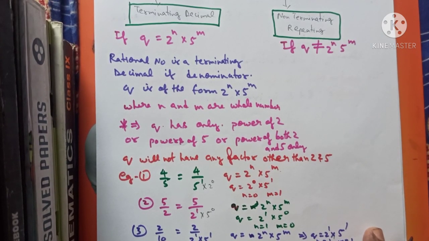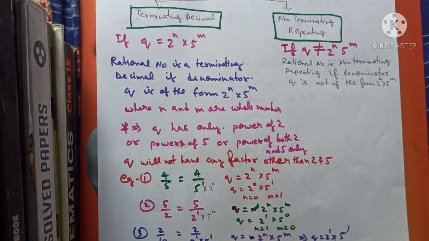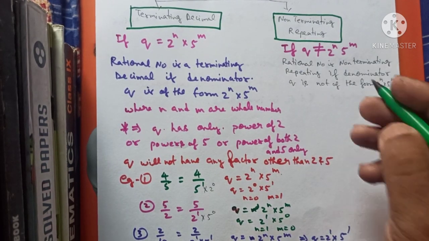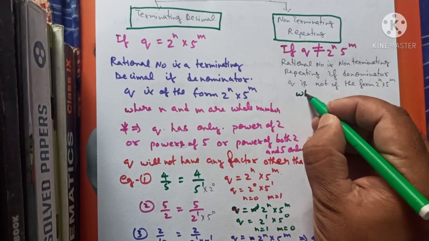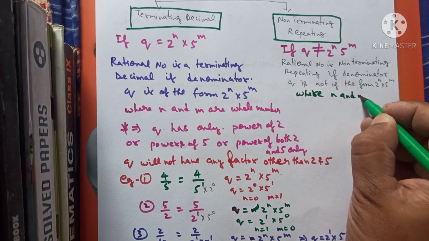Where n and m are whole numbers. So we can state that a rational number is non-terminating repeating if the denominator is not of the form 2 raised to power n into 5 raised to the power m, where n and m are whole numbers.